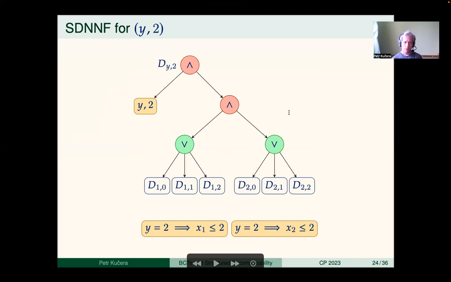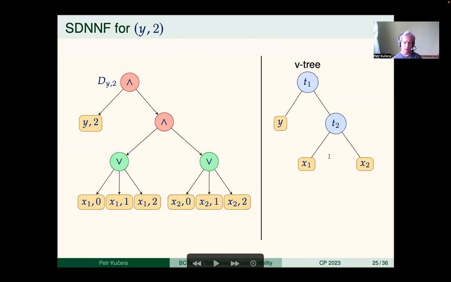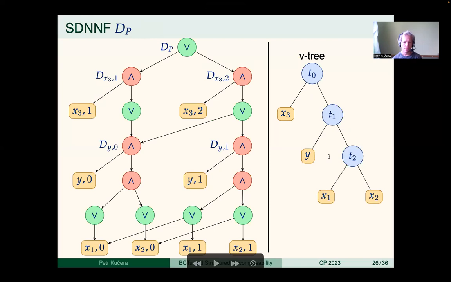Okay, so for y2, it's the same picture, only slightly more complicated, because if y is 0, then we also have to consider that x1 can be 0 and x2 can be 0. We get the same V3. And we would continue this way. We would obtain this final picture and the V3 that has 3 inner nodes, and the leaves are labeled with x3, y, x1, x2.